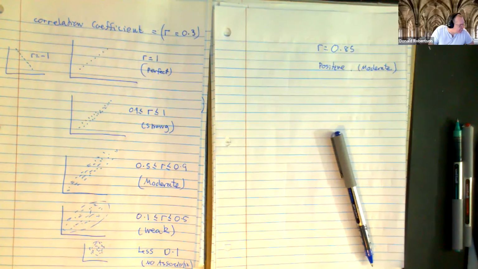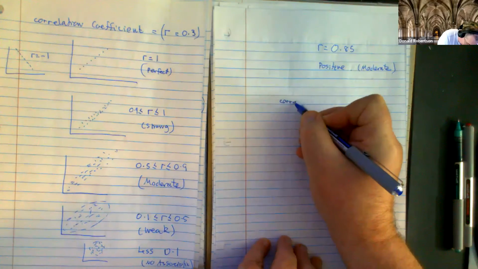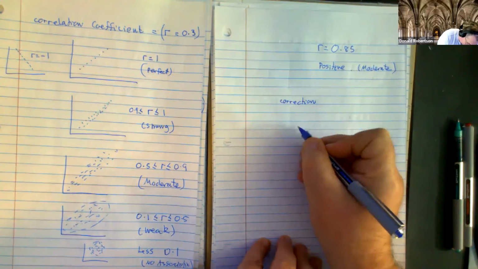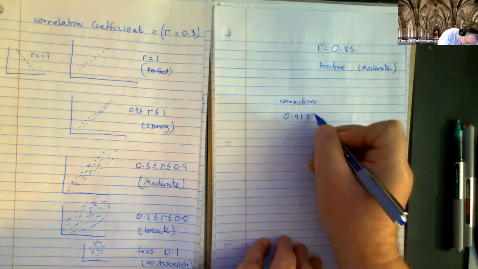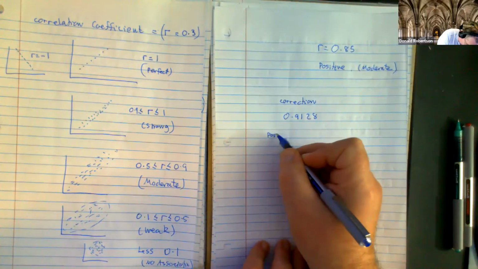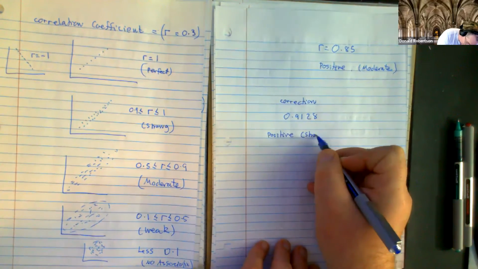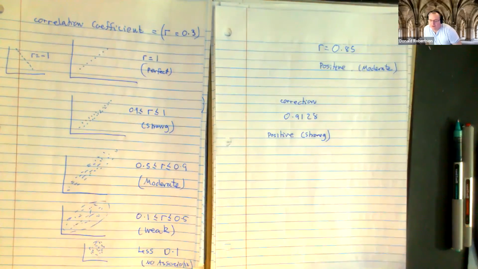Now, the guy that we just did with the house prices, they have a fella in that list called correlation. And underneath it, the number they got was 0.9128. So that means that this was in fact positive, and according to what they said, it's strong.